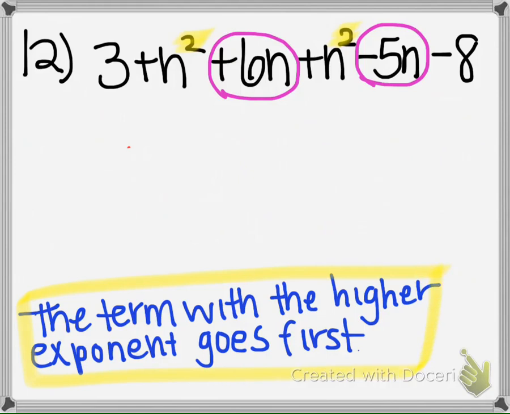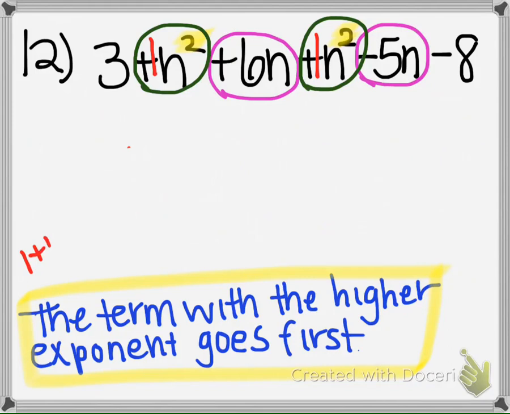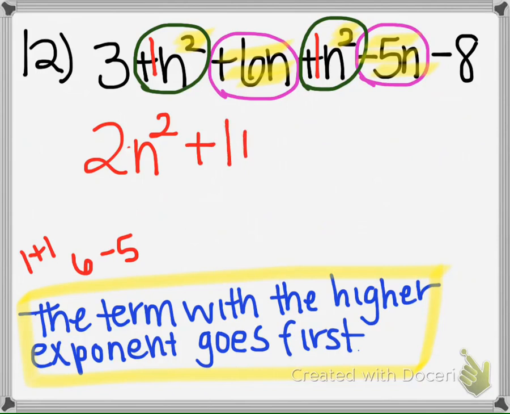So when we combine these, we're going to put the positive n to the second power and the positive n to the second power, that answer when we combine those first. So remember that this is like a 1 here and this is a 1. So 1 plus 1 is 2n to the second power, and then we're going to put the 6n and the negative 5n together, so we would solve 6 and negative 5. That would make positive 1n.